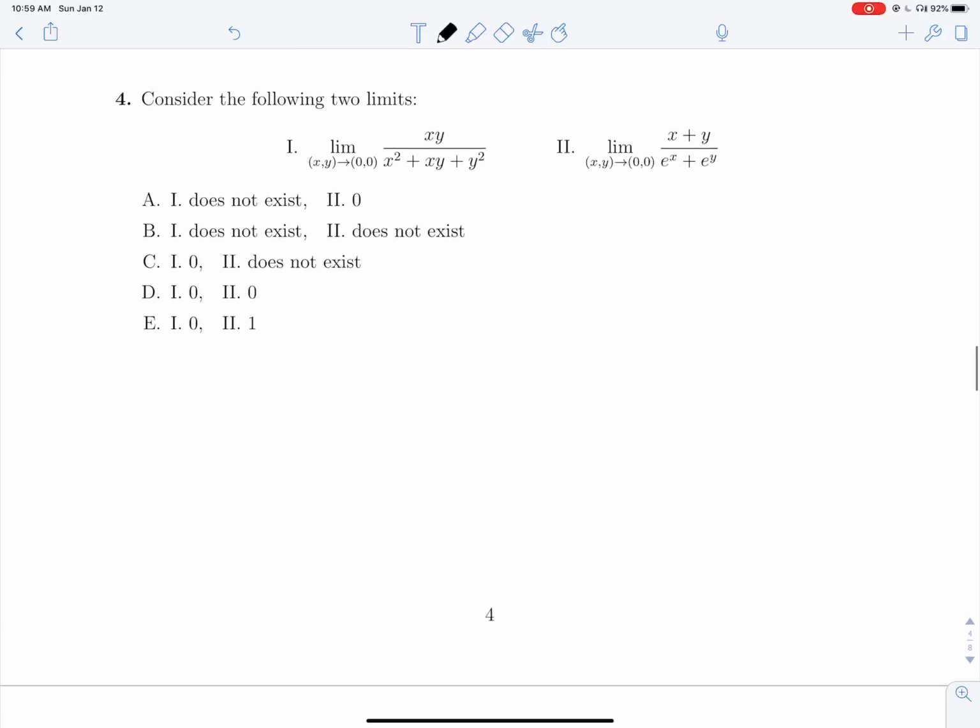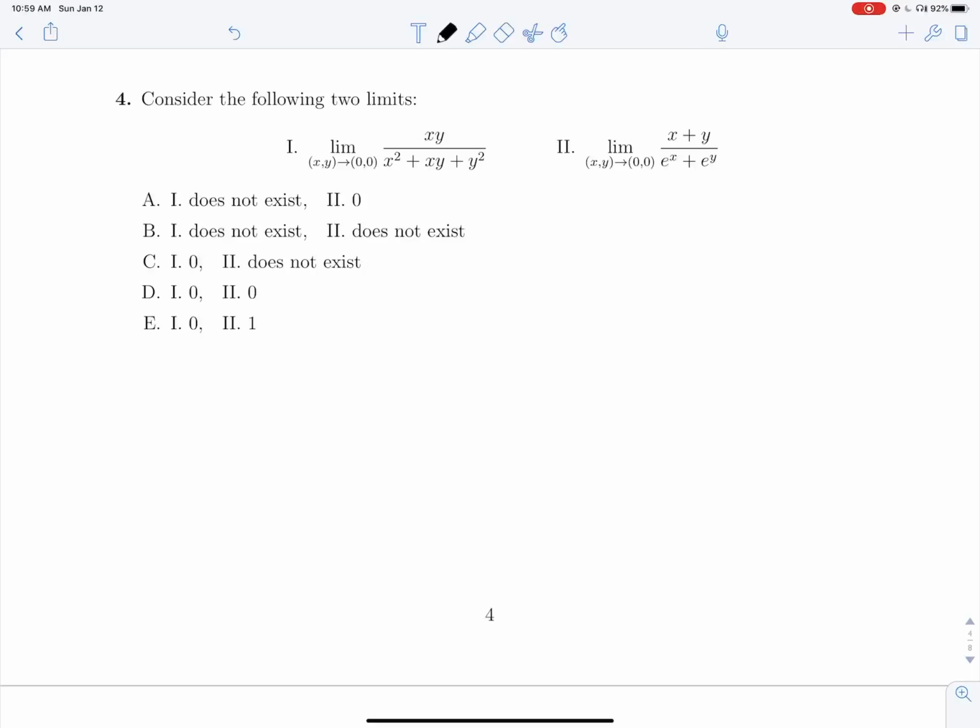Let's work this out. So number one, we're given the limit as x and y both approach 0 of all this stuff. So first, just plugging in 0, 0, we see that we're going to get 0 over 0, which is no good, but the limit could still exist.